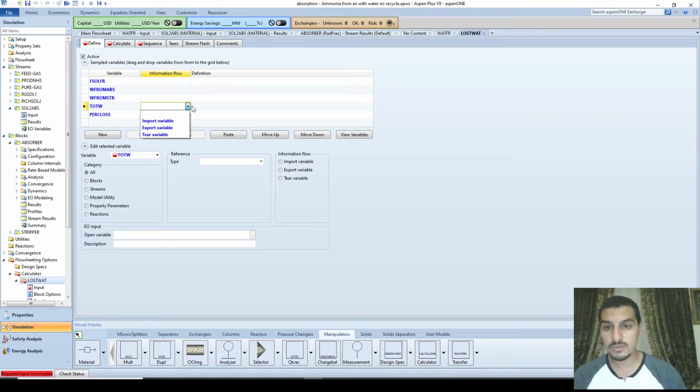These two will be exported, and the three variables will be imported from the inputs, or from the simulation results.